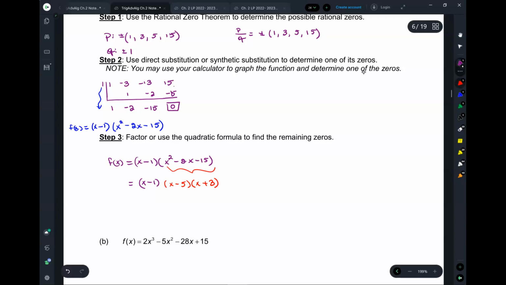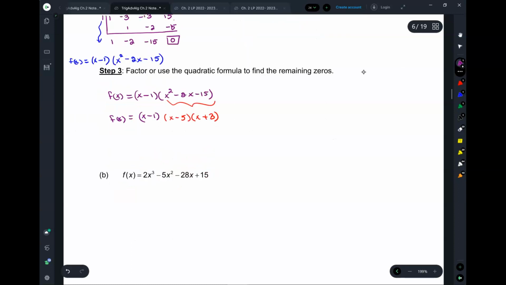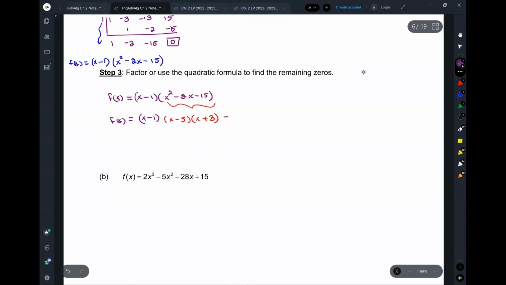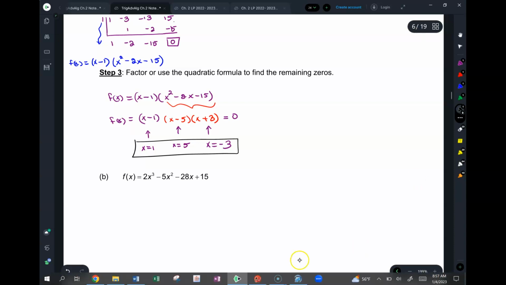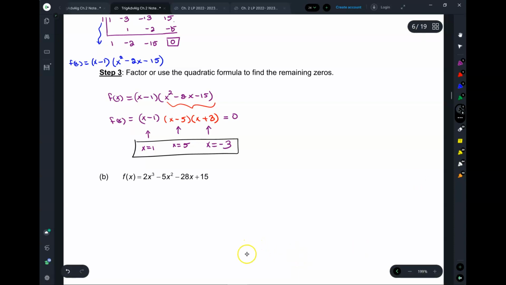Okay, so that's f of x. We set that equal to 0. And so now what do I get? X equals 1. X equals 5. X equals negative 3. All right, so those are the zeros. And is that exactly what showed on our graph? It did, right? So that's what we found.